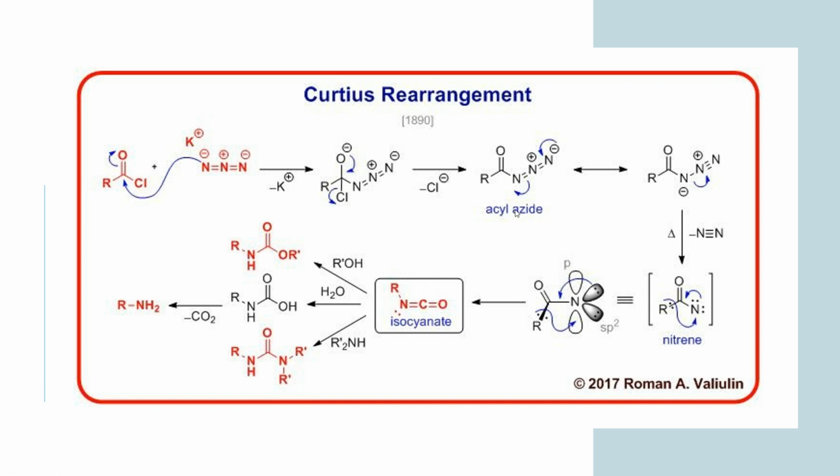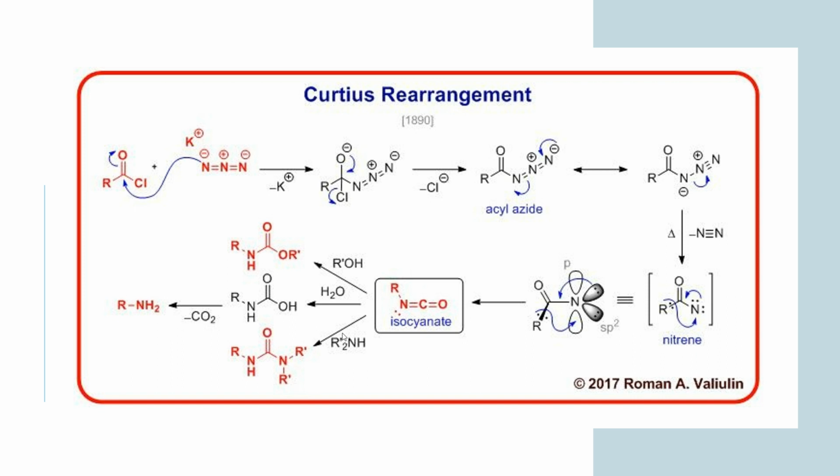Okay, so if you have, suppose, potassium azide or sodium azide in the reaction medium, this will be the reaction pathway that the substrate will follow. At first, you will have acyl azide, and in the next step, you will have nitrogen molecule elimination, and you may get nitrene as the reactive intermediate, which will quickly get rearranged. Like this alkyl will shift to the nitrogen, and you will get isocyanate as the preferable reactive intermediate in this reaction.